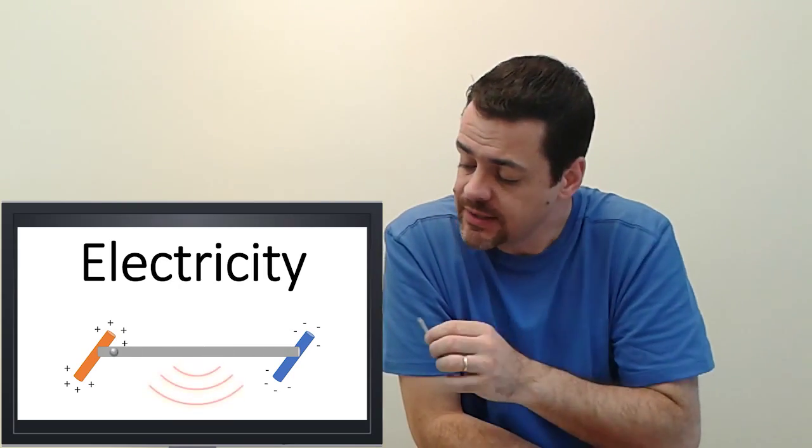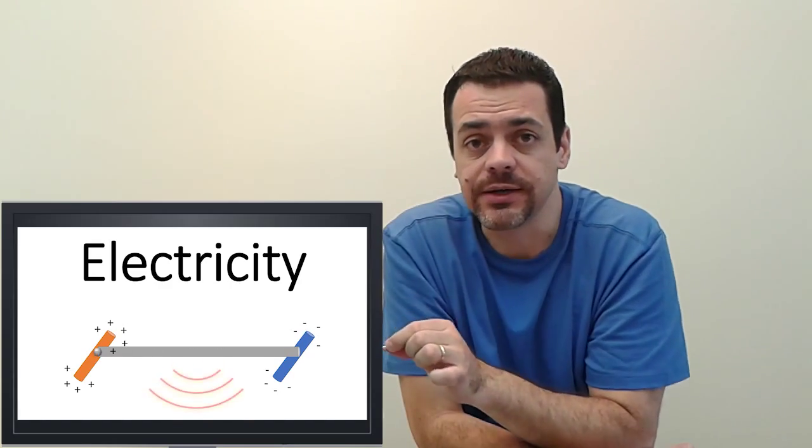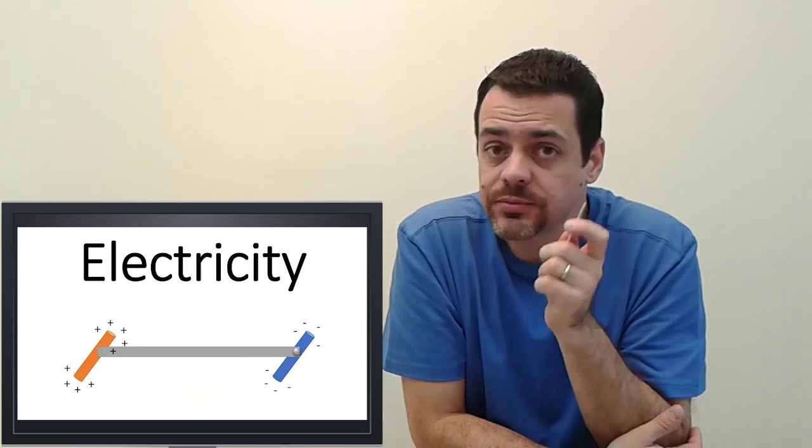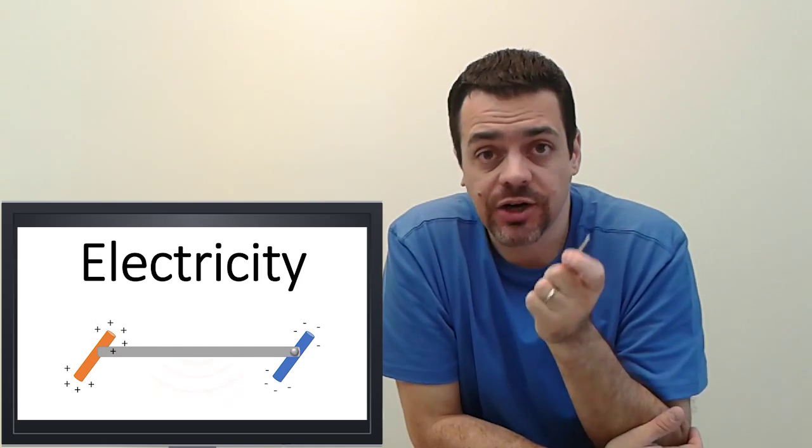Here, imagine an example where I have a material with a negative charge and the other material, the red one, with a positive charge.